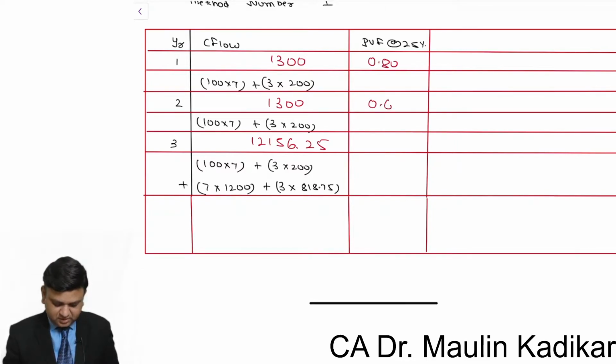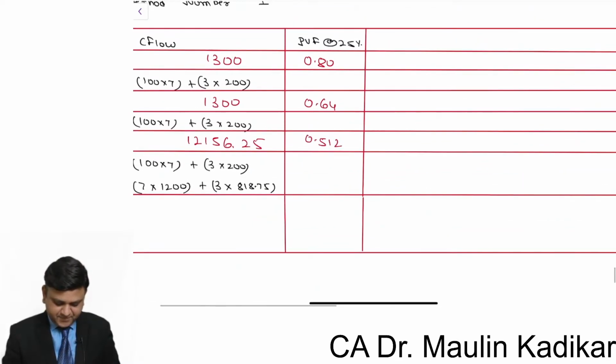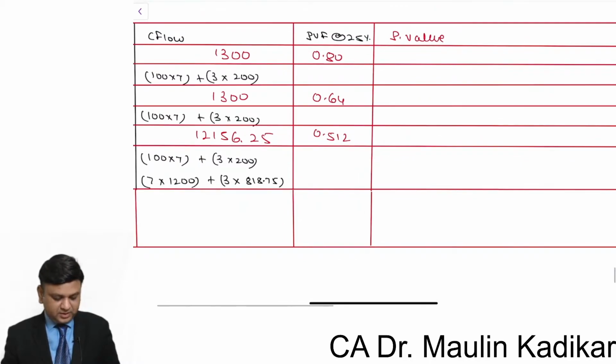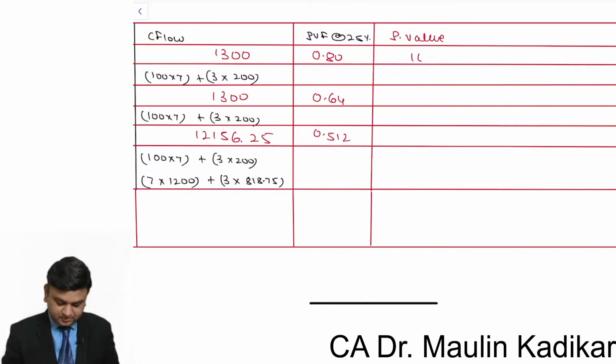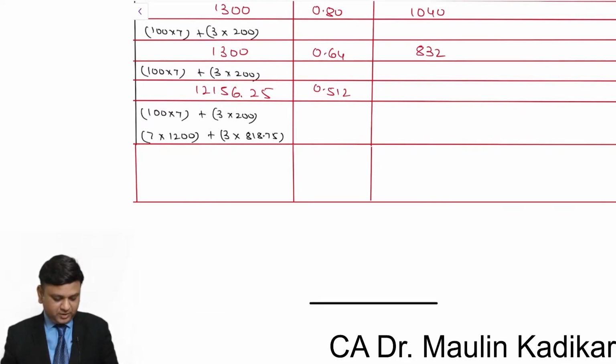First year, second year and third year. We'll compute the present value. 1300 into 0.8, that comes to 1040. 1300 into 0.64, that comes to 832. 12,156.25 into 0.512, that comes to 6,224.